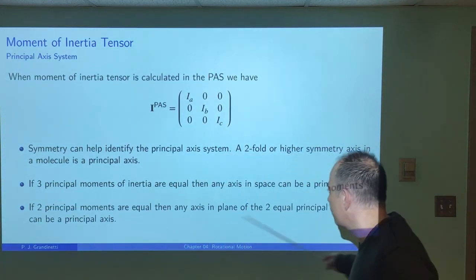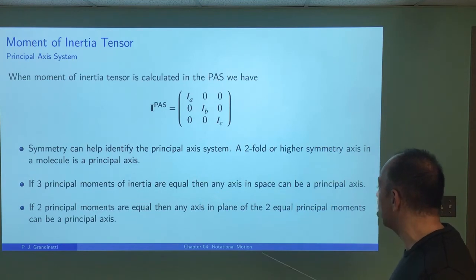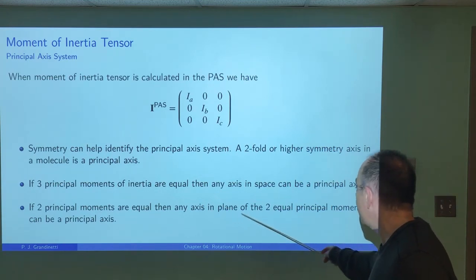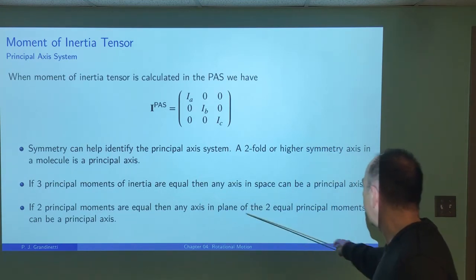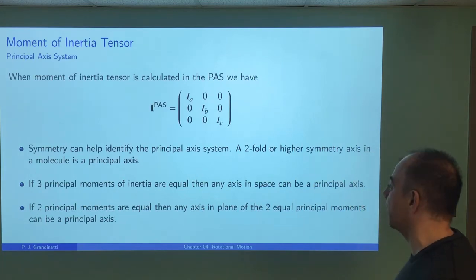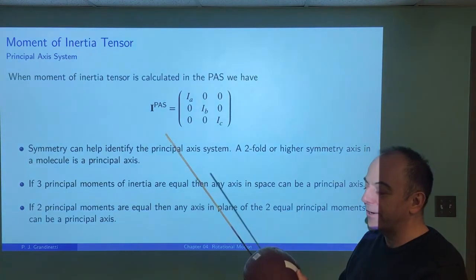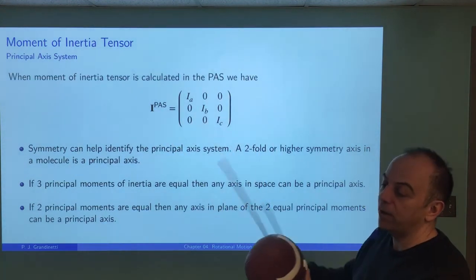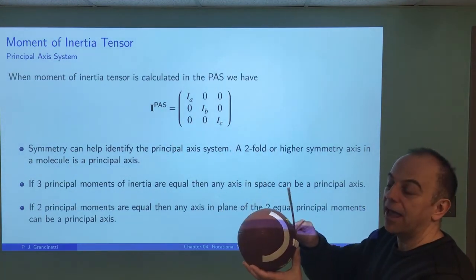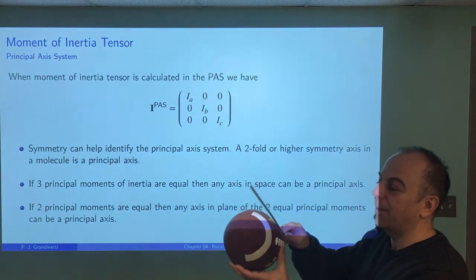Similarly, if two principal components are equal, then any two axes that are orthogonal in the plane of those two principal components can serve as a principal axis. If you think about this object here, you can see right away that one of the principal components will be along the long axis of the American football.